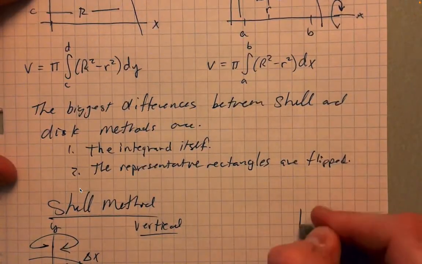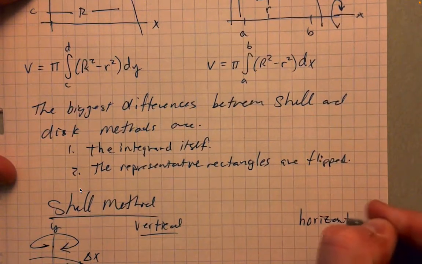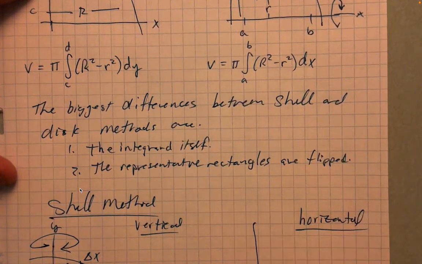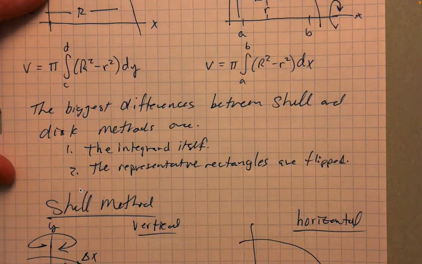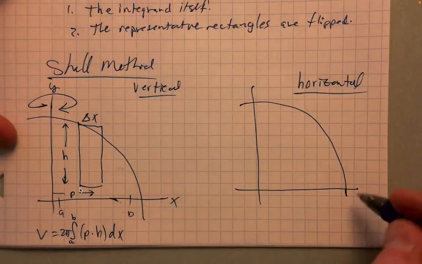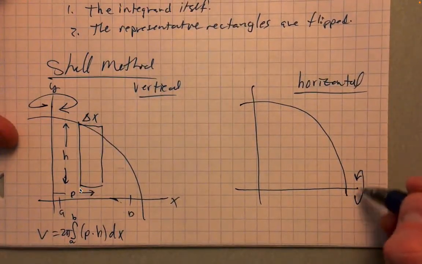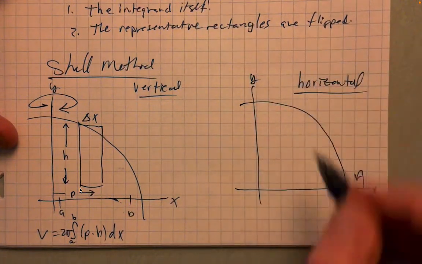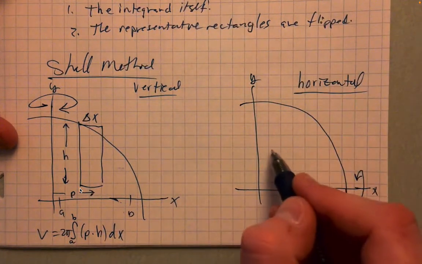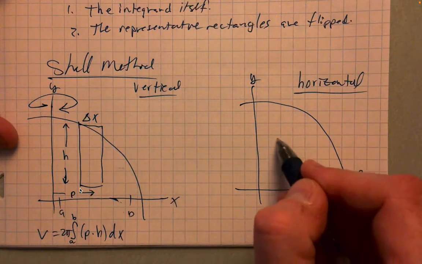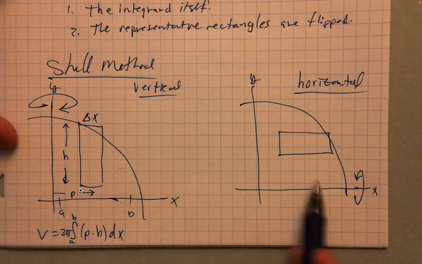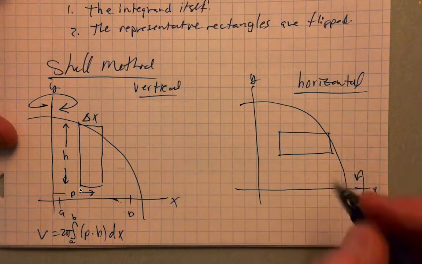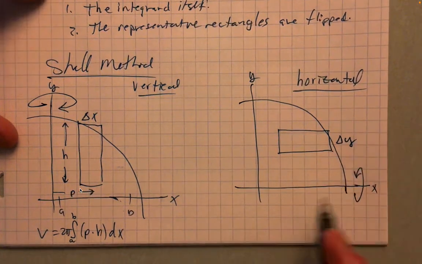And then horizontally, similar. Here we're going to rotate around the x-axis. That means our representative rectangles are going to be parallel to the x-axis, so that gives us a delta y.